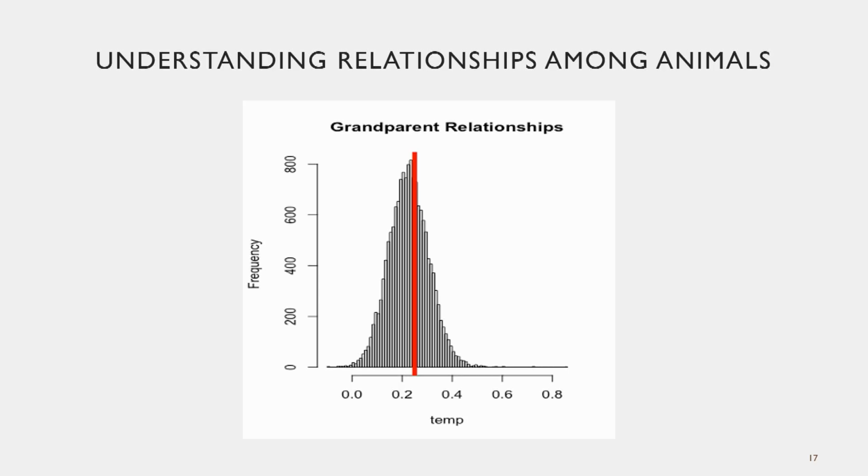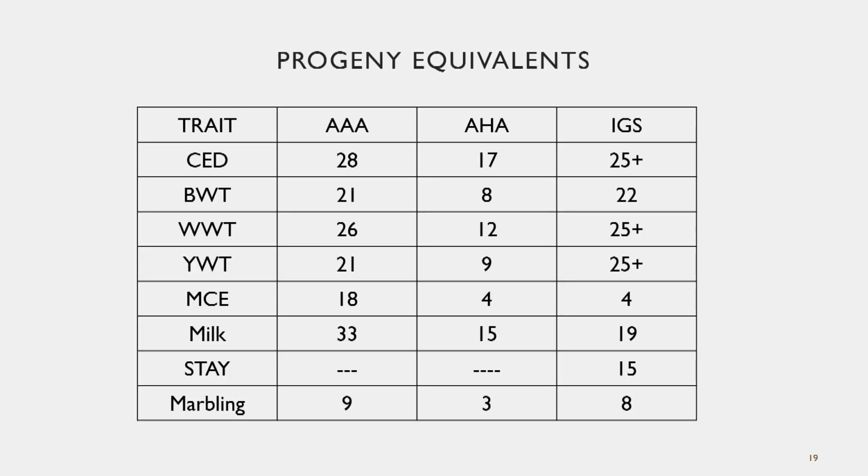Genomics allows us to more accurately estimate the relationship among individuals, which allows us to make better use of the phenotypic data we have, which then in turn allows the accuracy of EPD to go up on very young animals. And that's illustrated by, I'll come back to that, this notion of progeny equivalence.